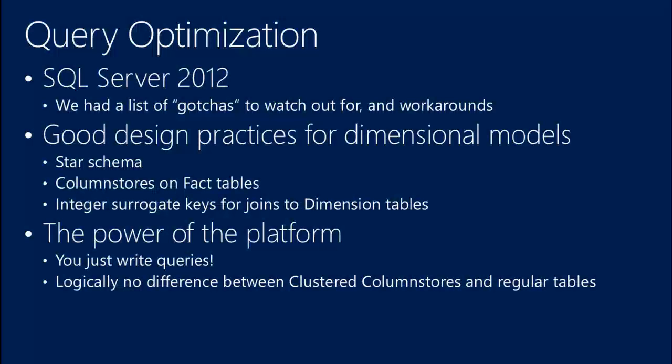That way we can leverage the star schema query optimizations in SQL Server that have been around since SQL 2008. Then we do recommend the columnstores on the fact tables, and we do recommend integer surrogate keys for joins to the dimension tables, and the reason for this is the compression of integers.